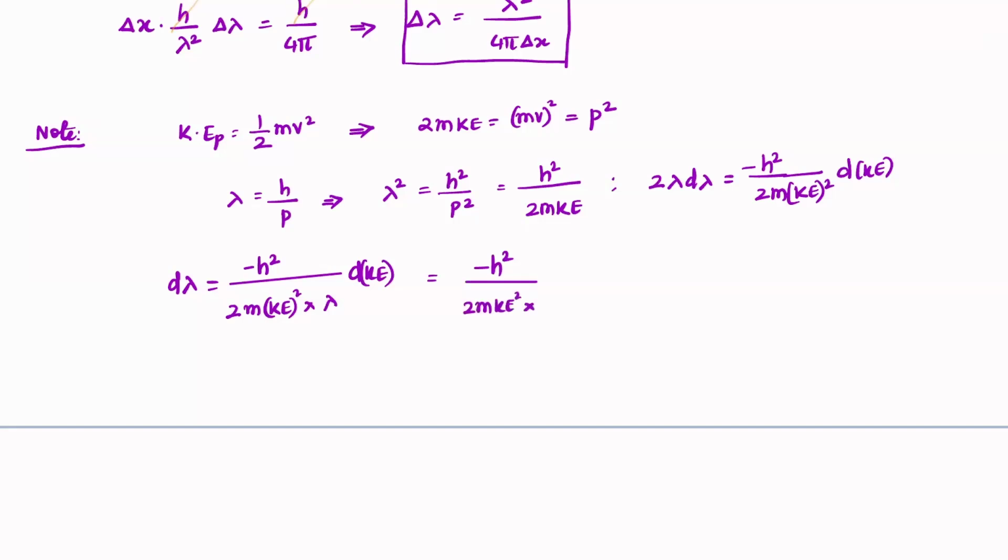Now lambda can be written as h by under root of 2m into kinetic energy, that into d of kinetic energy.